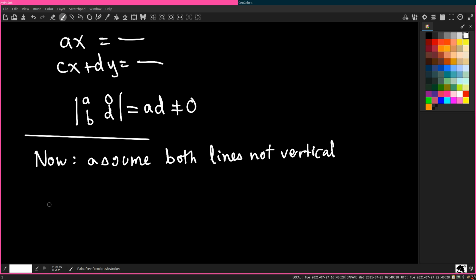So what I mean by this is ax plus by is equal to, and then cx plus dy is equal to, what should I call this? Let's use Greek letters, alpha and beta.